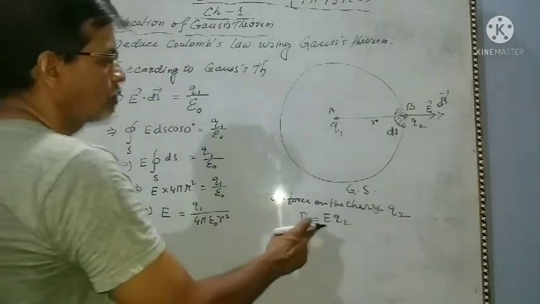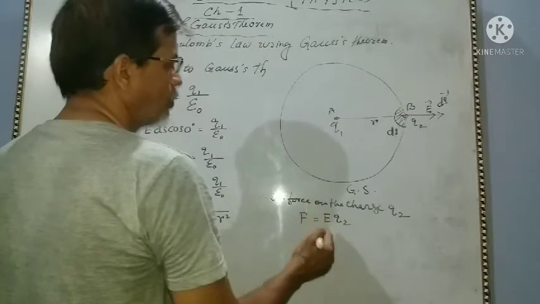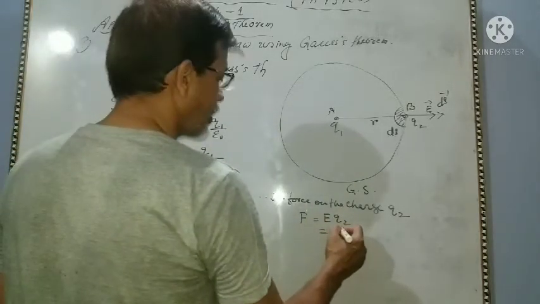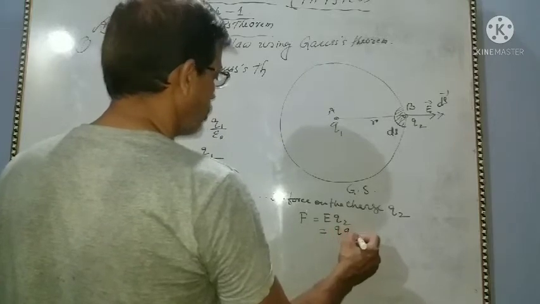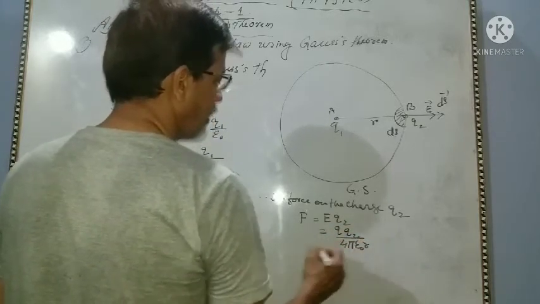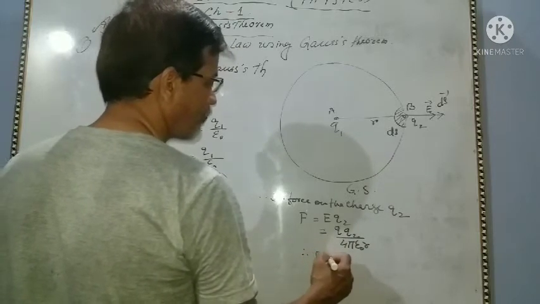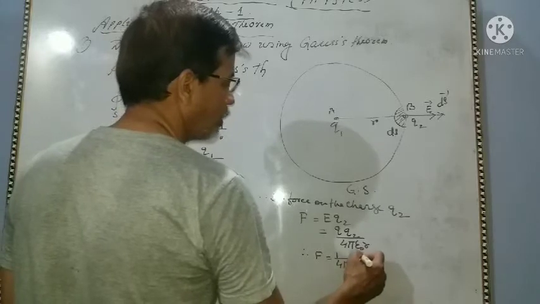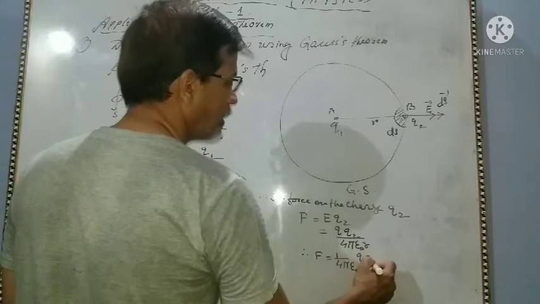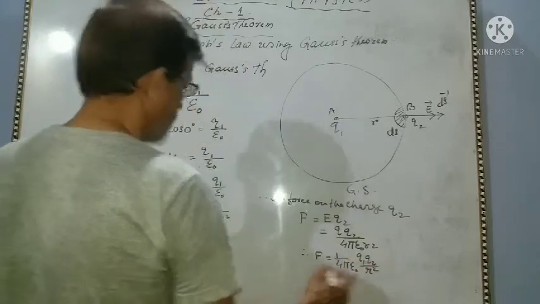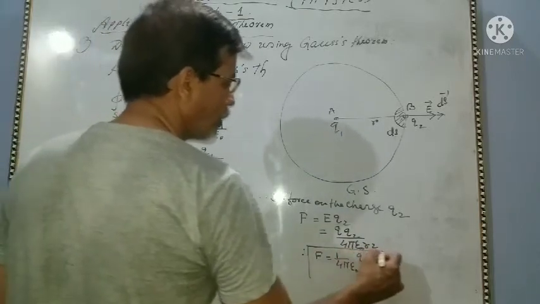So force equal to E into Q2. What is E? E is this one. So F equal to 1 by 4 pi epsilon naught Q1 Q2 by r square. This is Coulomb's law.